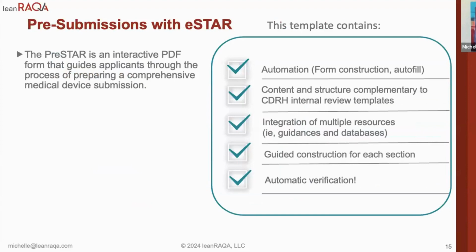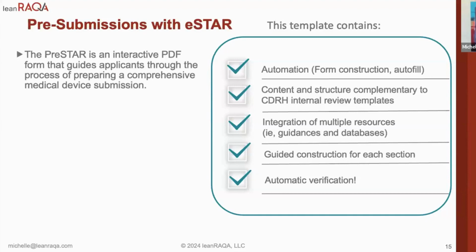So for those of you who don't know or haven't worked in it, Presta is an interactive PDF form intended to be a dynamic PDF that can automate the submission process, because it predefines the content and structure, and it is complementary to the CDRH internal review templates.